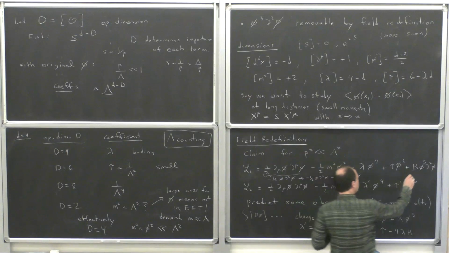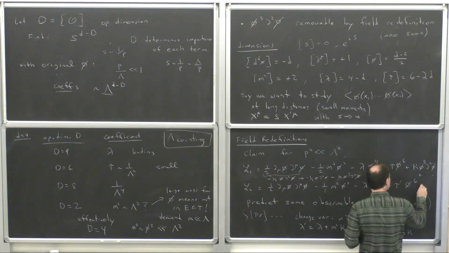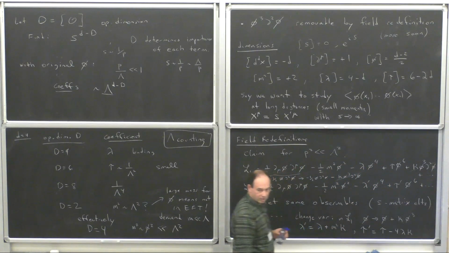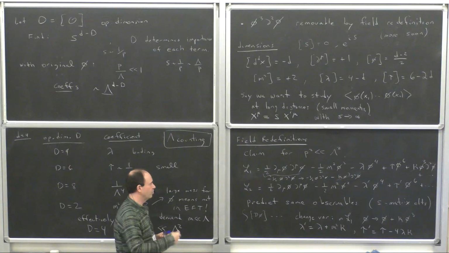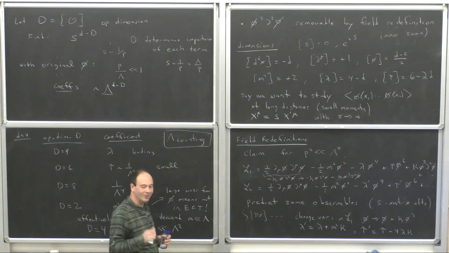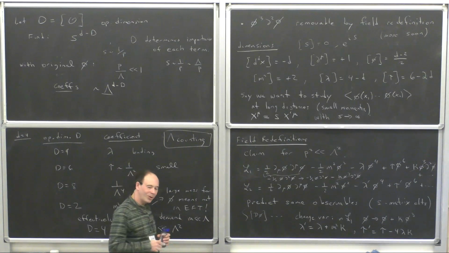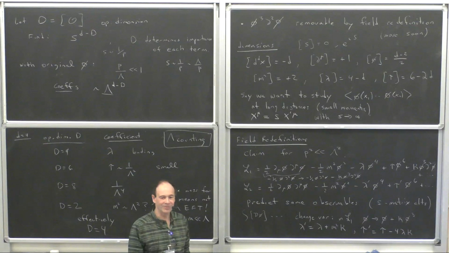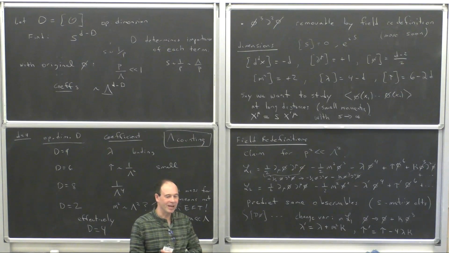Yeah, that's true. So there'd be kappa squared terms in this change of variable, and I drop those. And I could go through this procedure including those. And if you do the homework in the effective field theory course, you'll see what happens and why those terms work out as well.